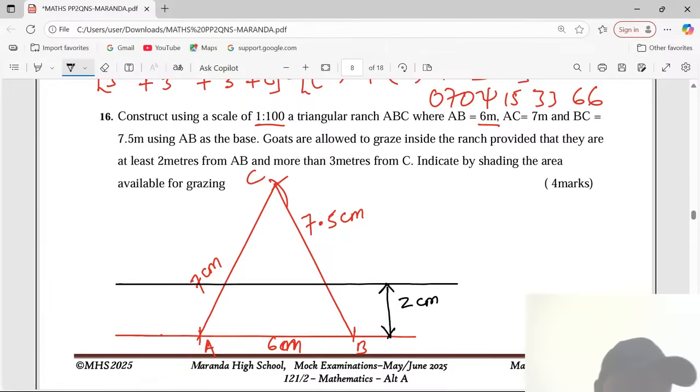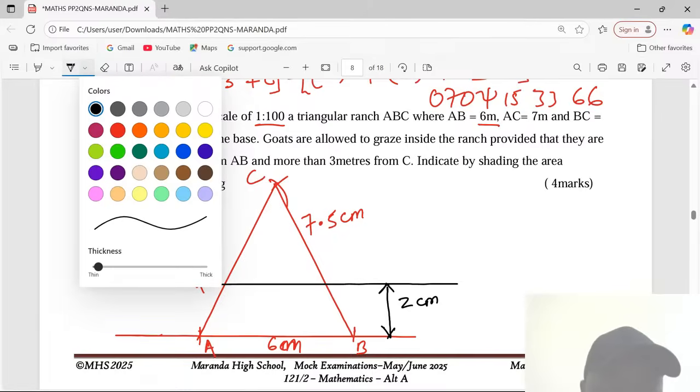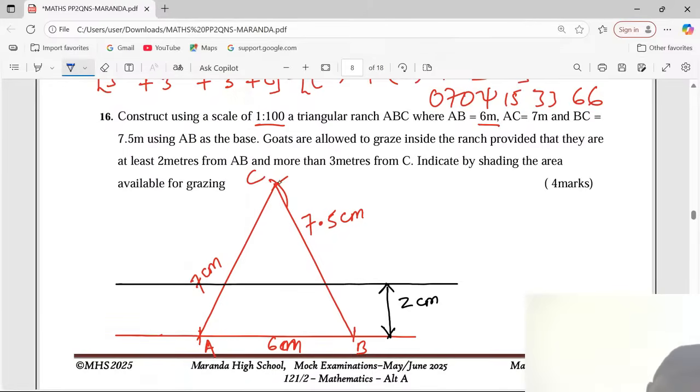So we stand at C and draw a circle of 3 centimeters radius. From C to where the circle is, 3 centimeters. So you stand at C, using a radius of 3 centimeters, and make an arc.